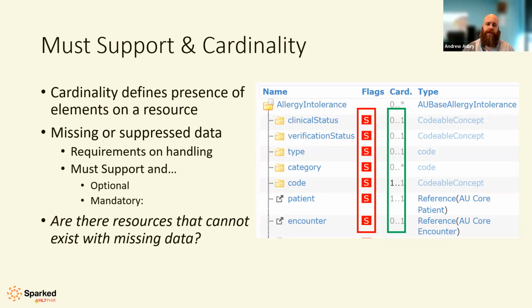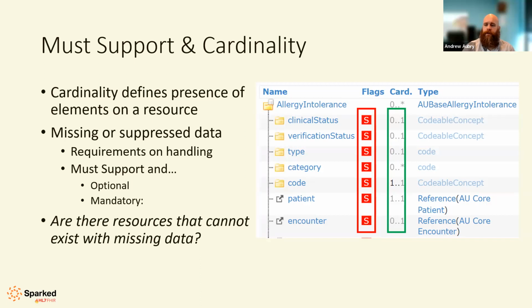So we need to show, for example, that if the code on allergy intolerance is required, but it is for a protected patient or it's a suppressed data element, you are now, in order to keep the resource valid, adding a suppressed data or data unknown element to that, in order to keep the resource valid, but also attest to that must support.